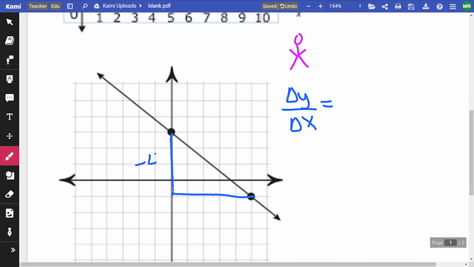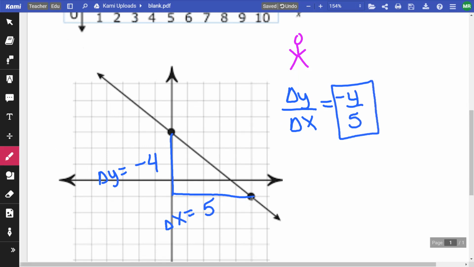I'm going down 4, which is negative, and then to the right, 1, 2, 3, 4, 5, to the right 5. So that change of y, I'm going down 4, and my change of x is 5. So that's going to be a negative 4 over 5, and that would be our slope.